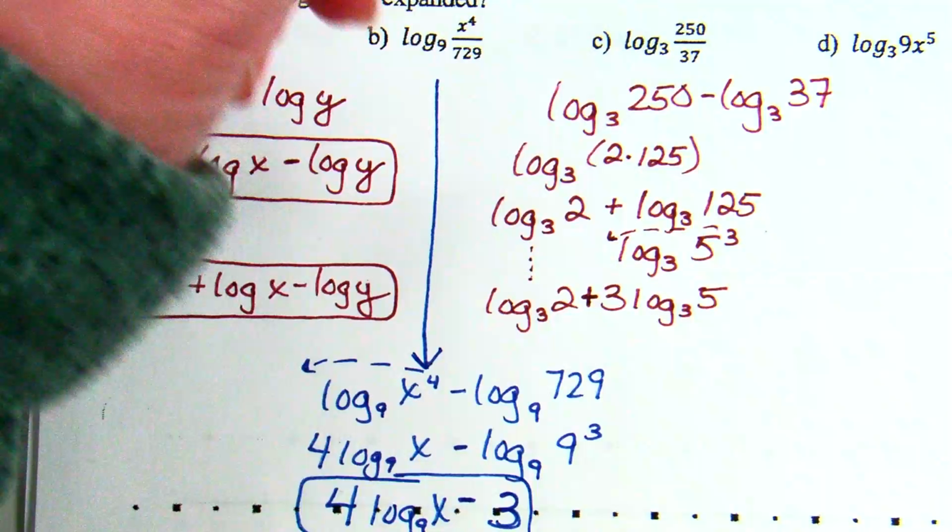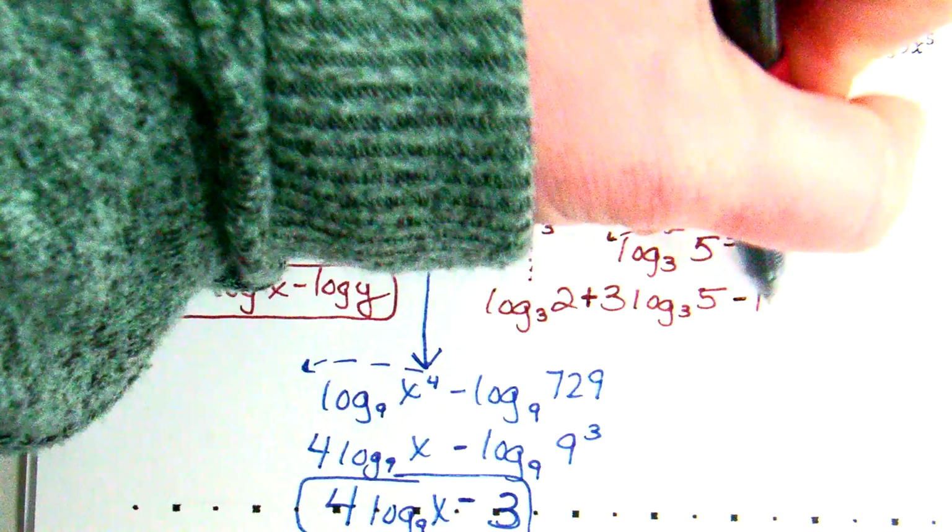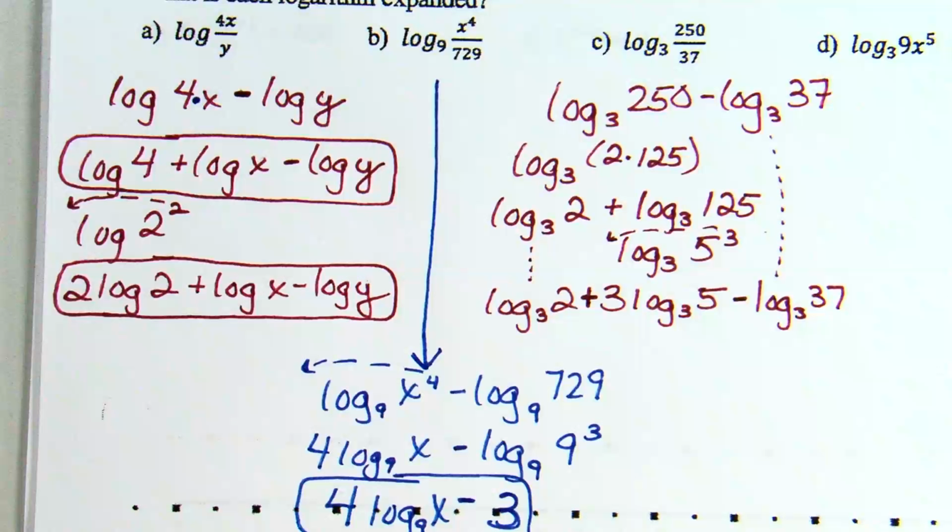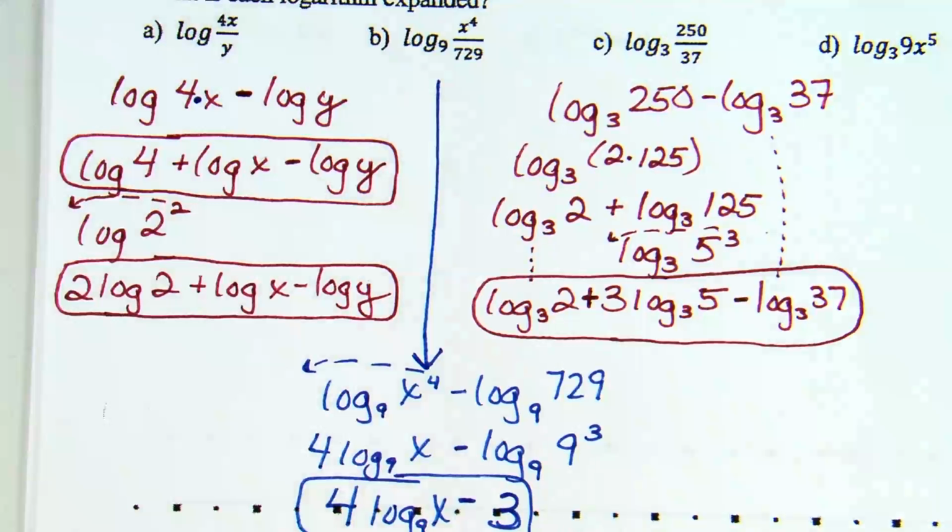And you didn't forget about it already, did you? What else was part of this problem? Minus log base 3 of 37. That is your expanded form. And you'll notice if you look at the insides of the logs, the 2, the 5, and the 37, we got it down to all prime numbers.